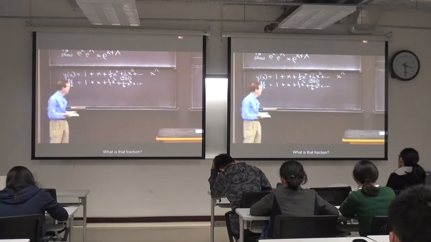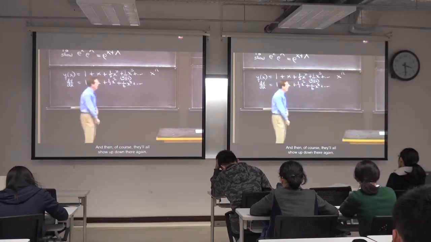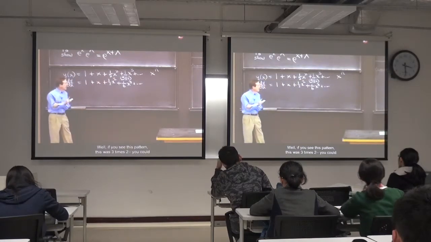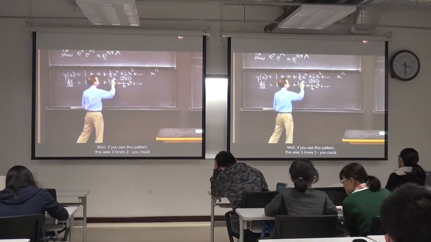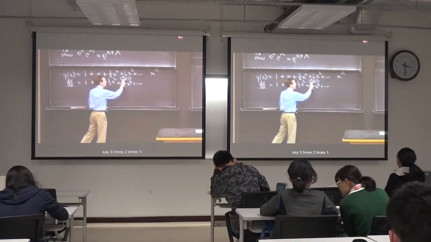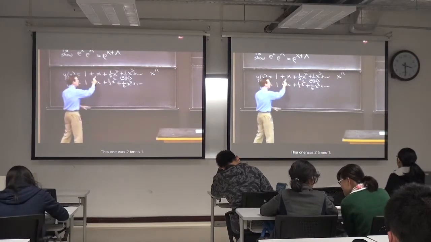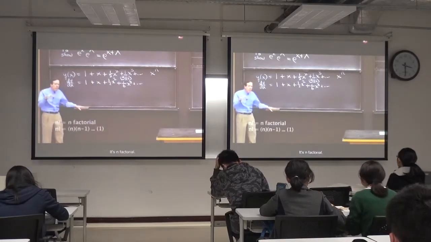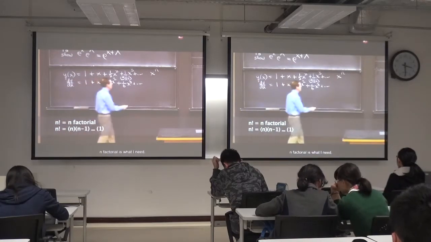What is that fraction? And then, of course, they'll all show up down there again. Well, if you see this pattern, this was 3 times 2. You could say 3 times 2 times 1. This one was 2 times 1. This one was just 1. It's n factorial. N factorial is what I need.